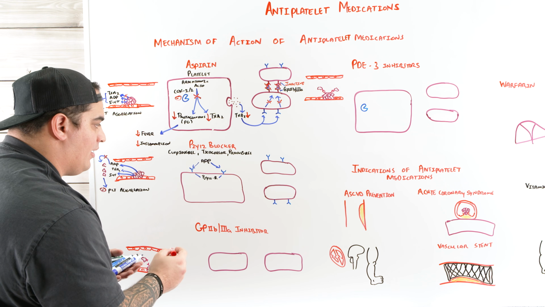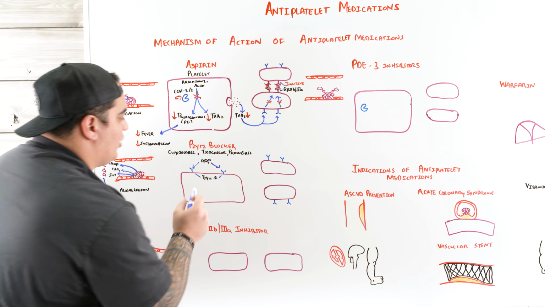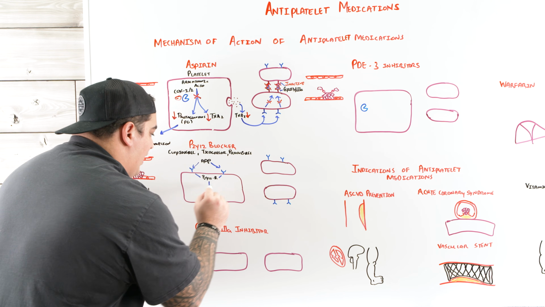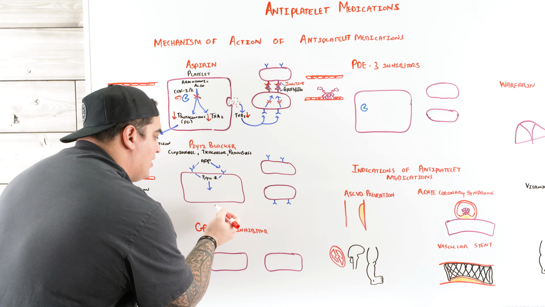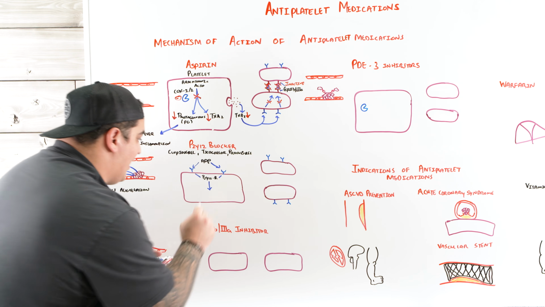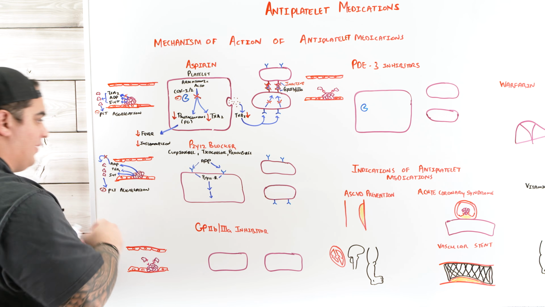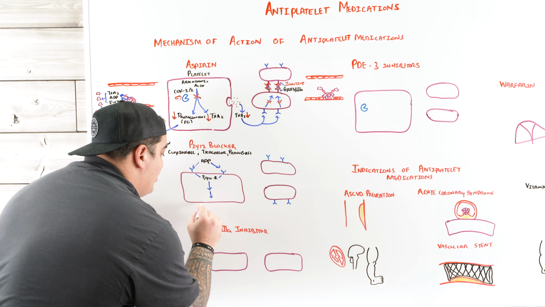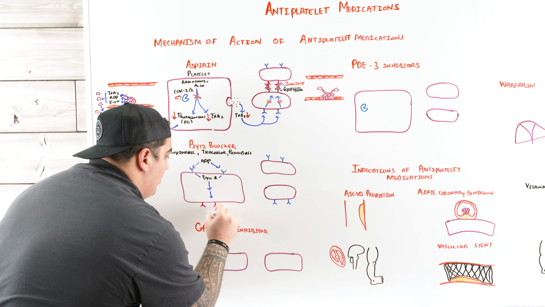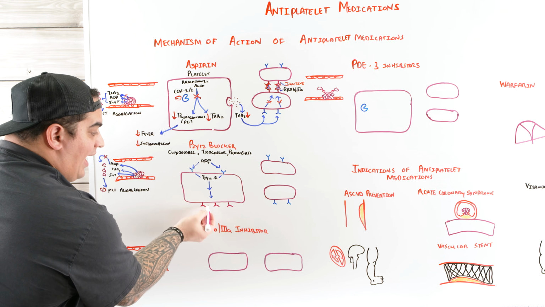When you activate it, it should intracellularly work to do what? It wants to activate the GP IIb/IIIa, so it'll send signals to increase the expression or activation of GP IIb/IIIa. That's its goal.